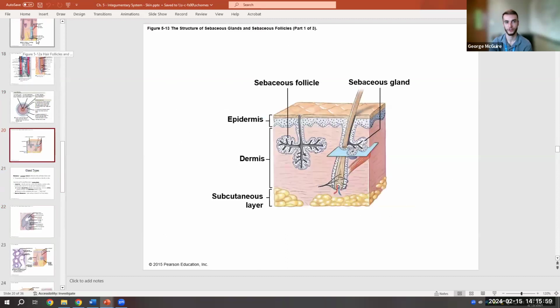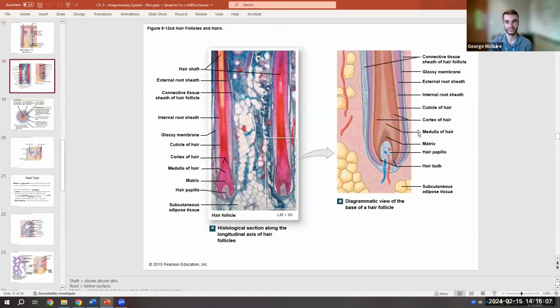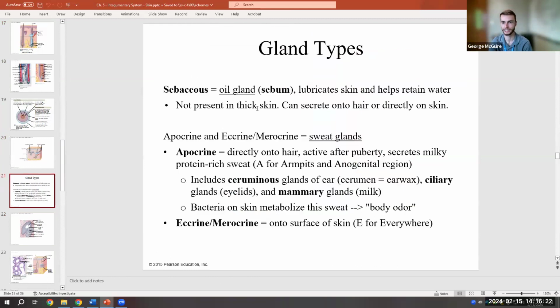Backing up, what I want you guys to recognize is there's an erector pili muscle. They often have glands that secrete directly onto the hair, and the hair follicle itself is basically just an invaginated version of the epithelium. We have the same basic structures with very similar layers, keratinocytes maturing and squishing as they get more and more full of keratin. And then we have these two different gland types.